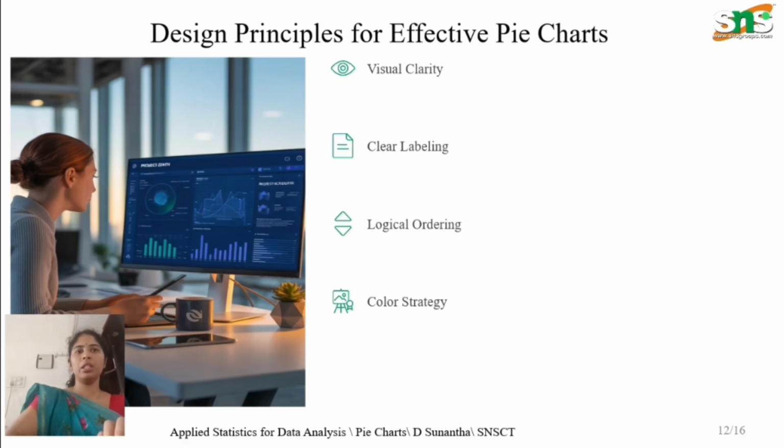Let us see one industrial case study. Imagine you are working as a data analyst in a smartphone manufacturing company. The company wants to understand the global smartphone market. Here is the data of what percentage of customers buy which smartphone brand.